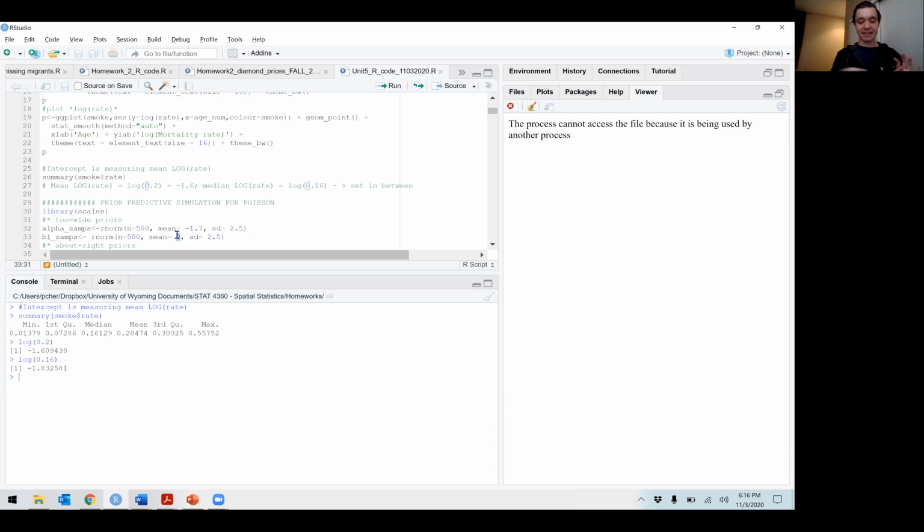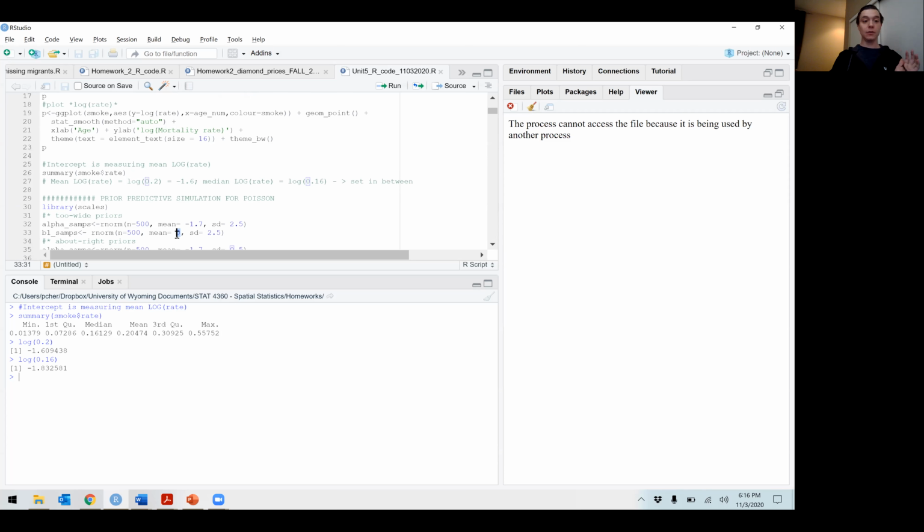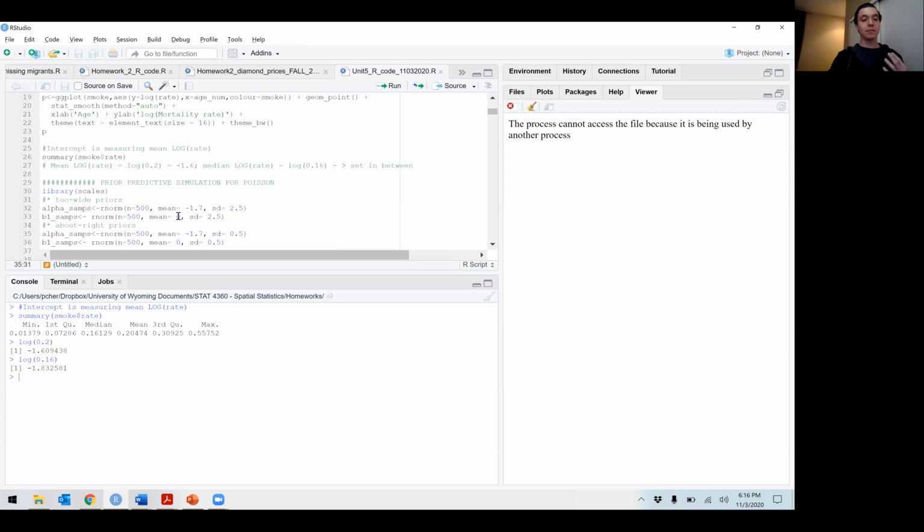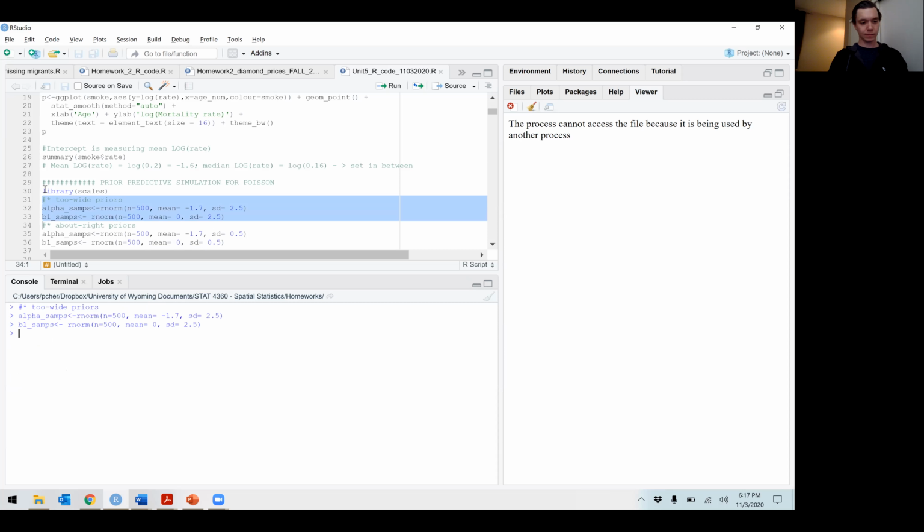There's no way that as age increases, mortality would decrease. But as things are typically considered and published in the literature, if you're using a centered and scaled variable, your beta coefficients are usually normally distributed, centered around no effect, which is 0, with some hyper standard deviation. So let's see what this produces.